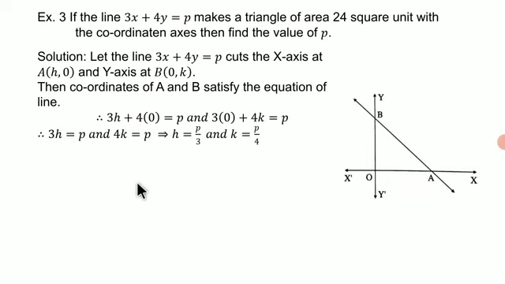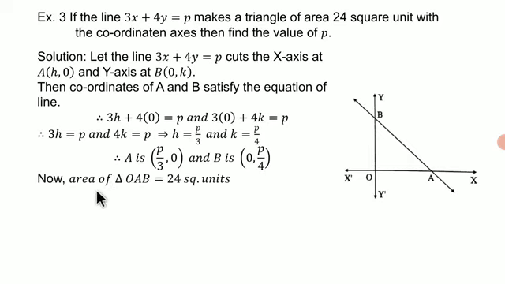Now we get values of h and k. So we write the coordinates of point A and B. Therefore, A is (P upon 3, 0) and B is (0, P upon 4). Now from these points, we get distance of point A and point B from the origin. Now, area of triangle OAB is equal to 24 square unit. This is given to you. But area of triangle OAB from figure is 1 upon 2 into OA into OB.